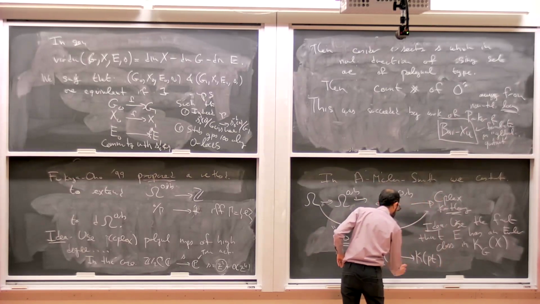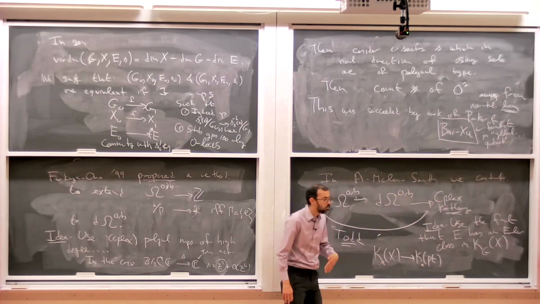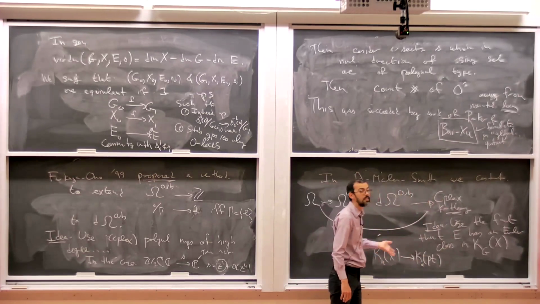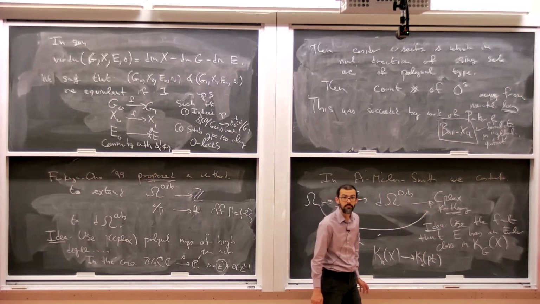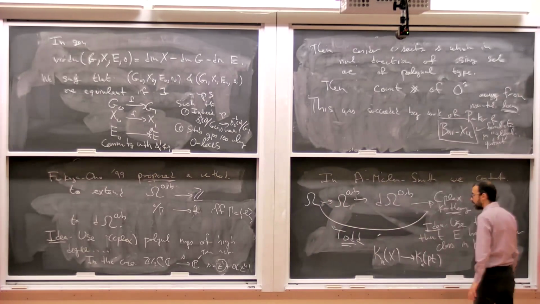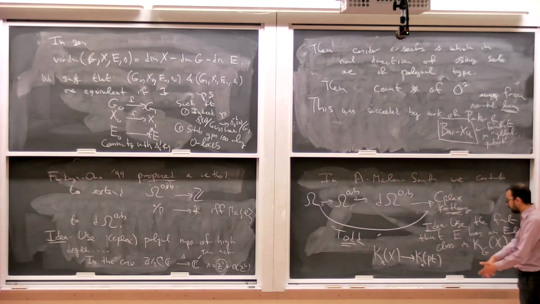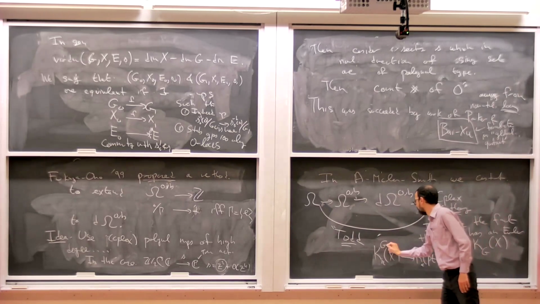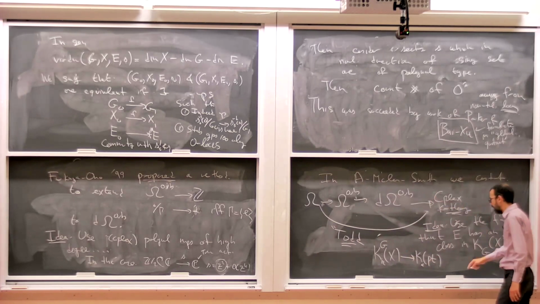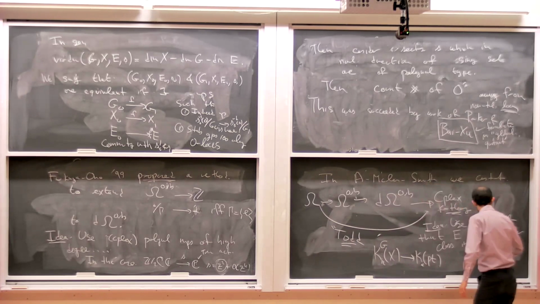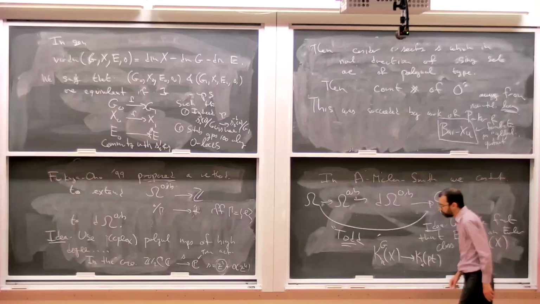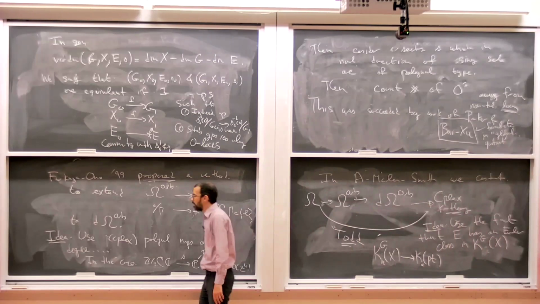Normally you would push down some kind of fundamental class. In this case, you would instead push down some Euler class, or the cap product of the Euler class with the fundamental class, and that's what you would do. Sorry, something like this should have been a G up here. Then I wouldn't have to worry about it. It uses some functorial properties of K theory.